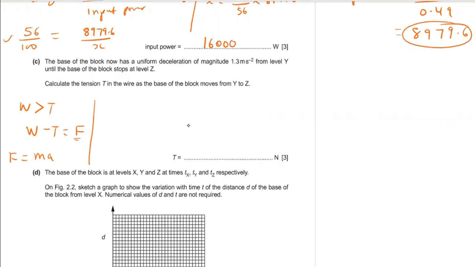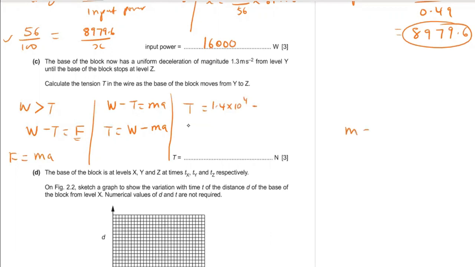So therefore, weight minus tension gives us MA. Therefore, tension will be weight minus MA. So we just need to calculate. Tension will be equal to weight, that is 1.4 times 10 power 4, minus M, the mass.